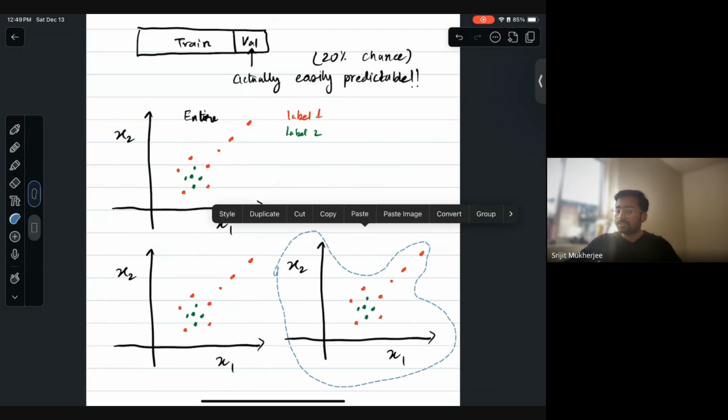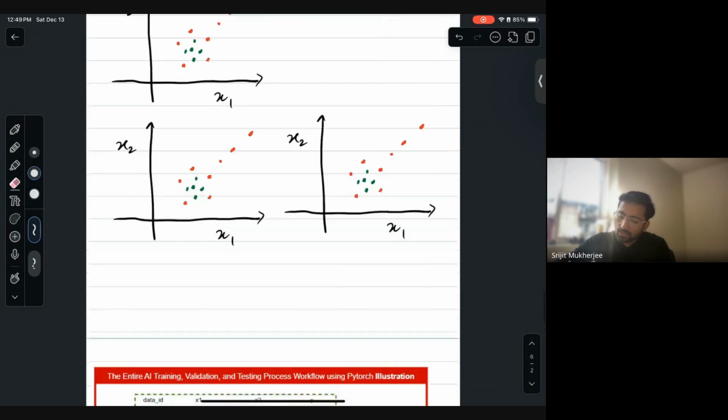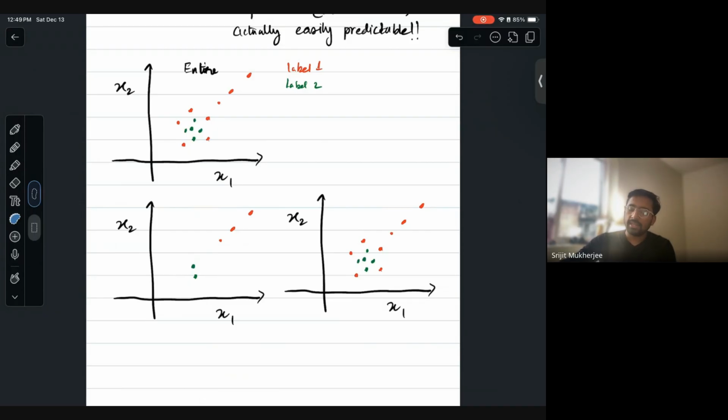Here are two different validations, let's say. One is easy, let's say we remove this. And another is like this.